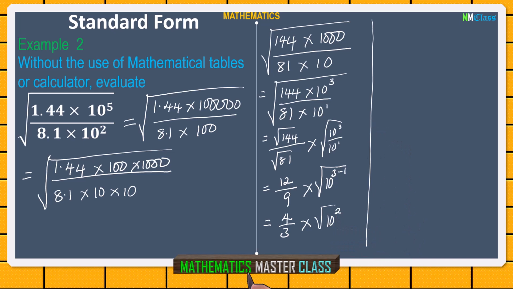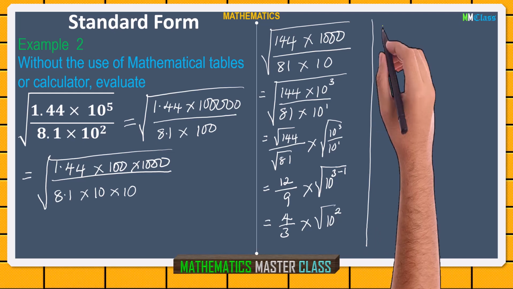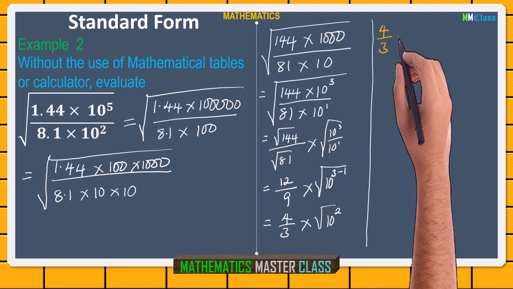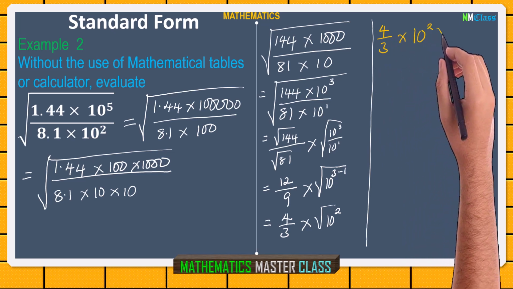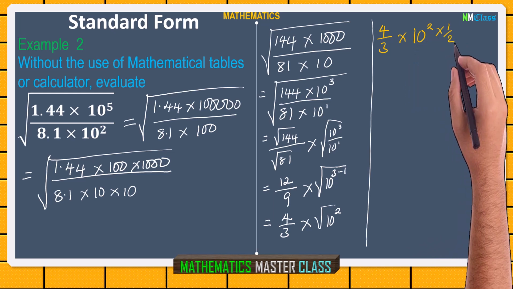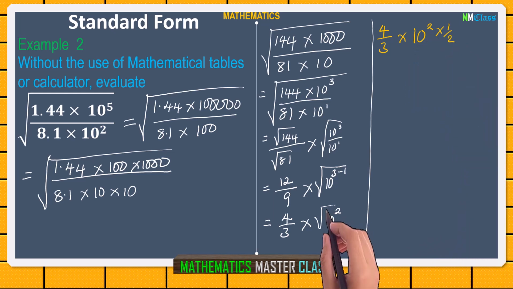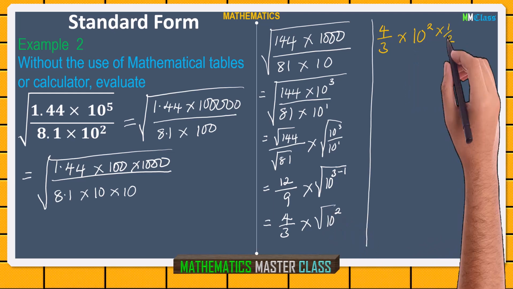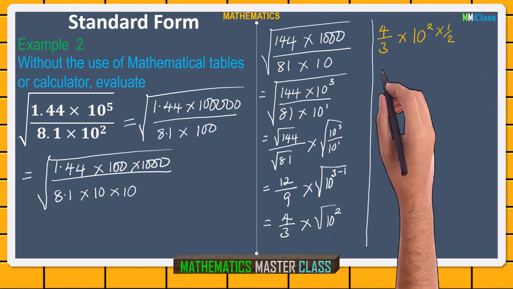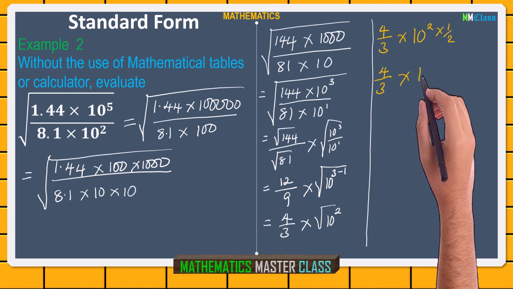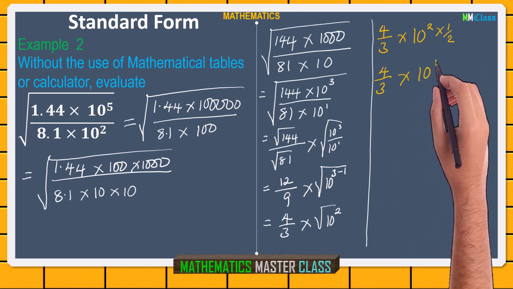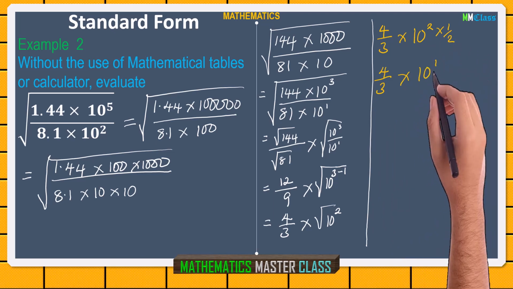So if we continue with our calculation, we are going to have 4 over 3 times 10 raised to the power of 2 times 1 over 2, because the square root sign has been converted to 1 over 2. So 4 over 3 now times 10 raised to the power of 1, because 2 times 1 over 2 will give us 1.